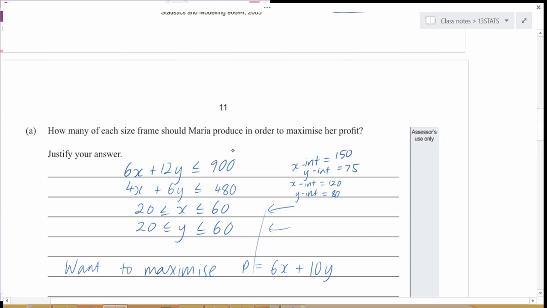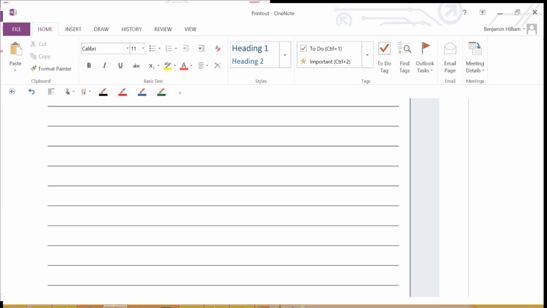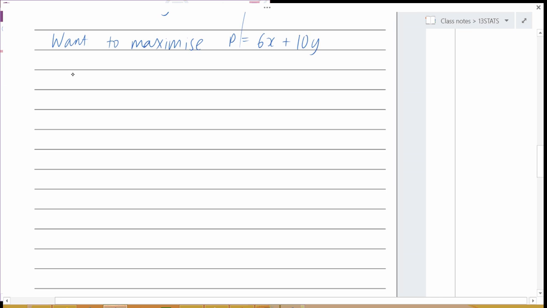So I'll make a little table underneath here, where I'll have my point and its coordinates, and the profit function, and what it's equal to.